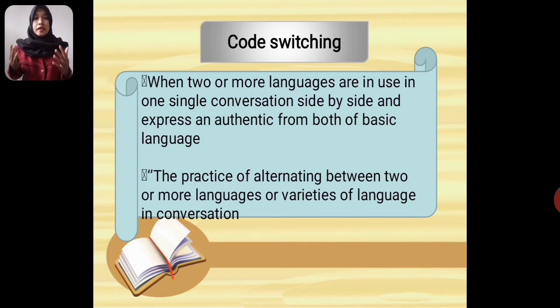So, code switching is two or more languages that are used when speaking in an English class, such as English with Indonesian, Indonesian with English, and English with Arabic or Arabic with English, like that.